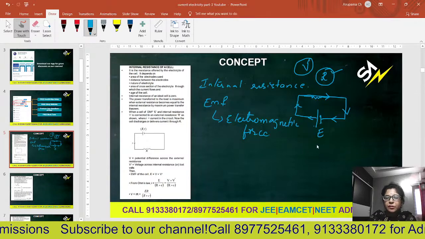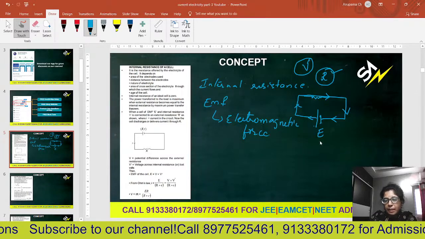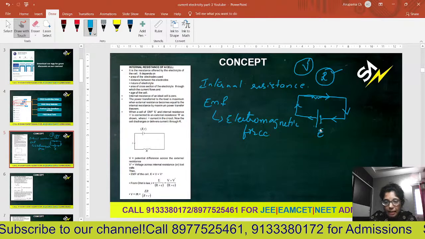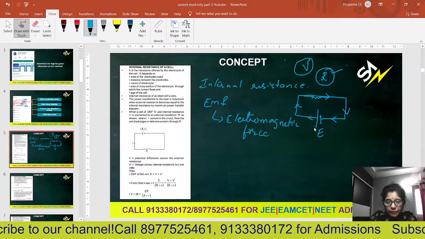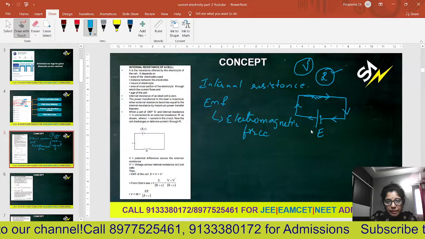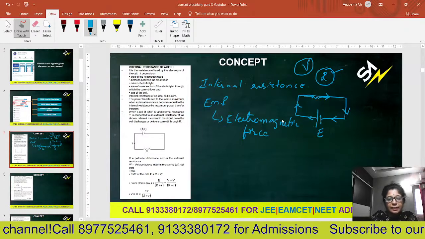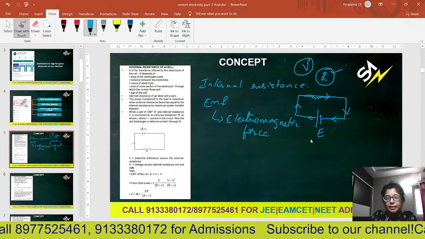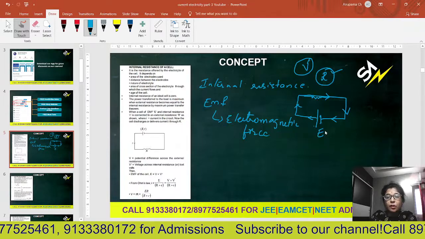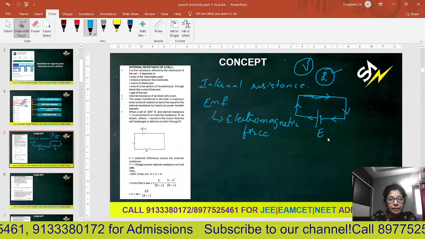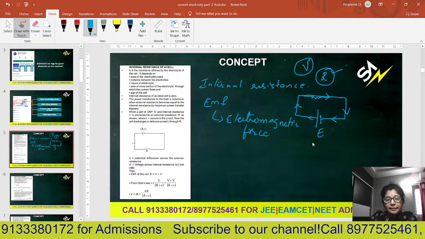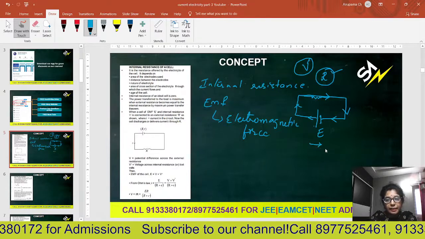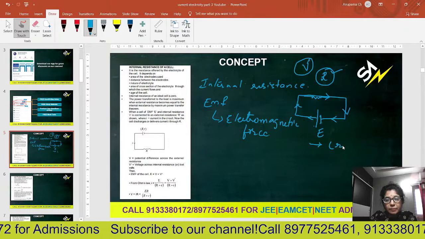Right? So this electromotive force, once the electrons start moving from the negative to positive terminal of the battery, definitely as resistance is there outside the circuit to oppose the flow of these electrons, inside the battery there exists internal resistance, which is represented by small r.